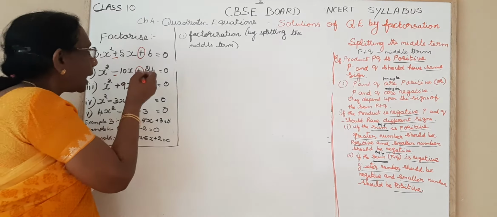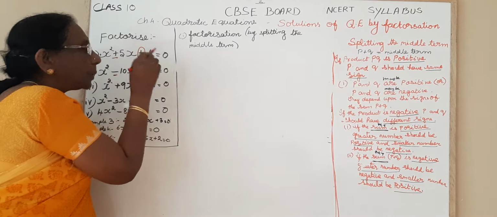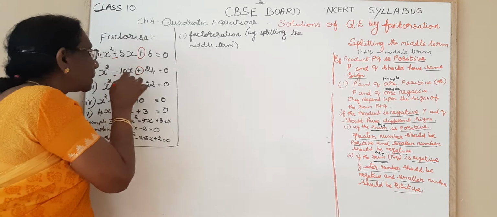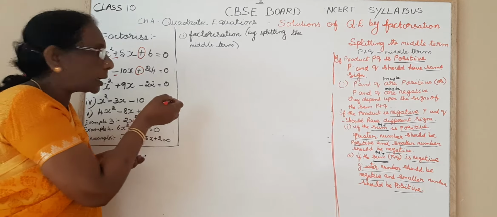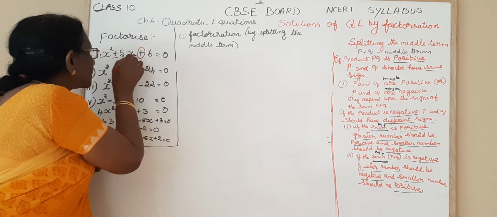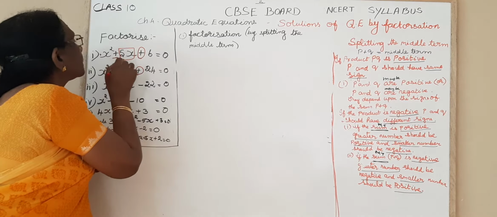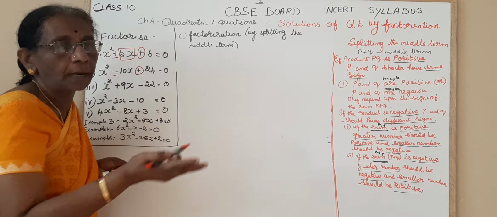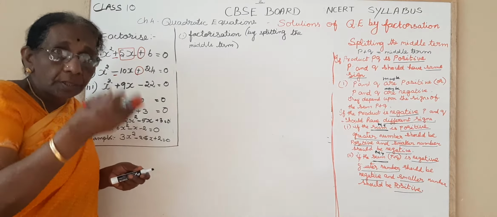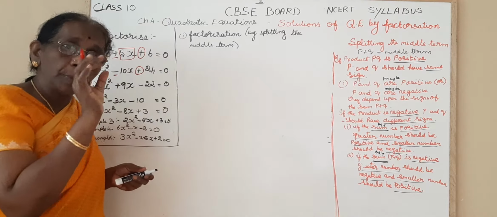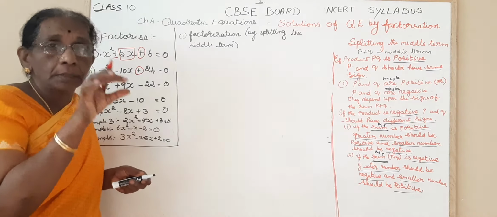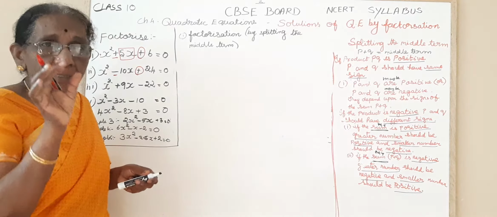So here P and Q will be positive. Here P and Q will be negative, isn't it? We are going to split this positive 5x into 2 parts. So when you multiply, the product should be positive, so both the 2 parts should have the same sign.